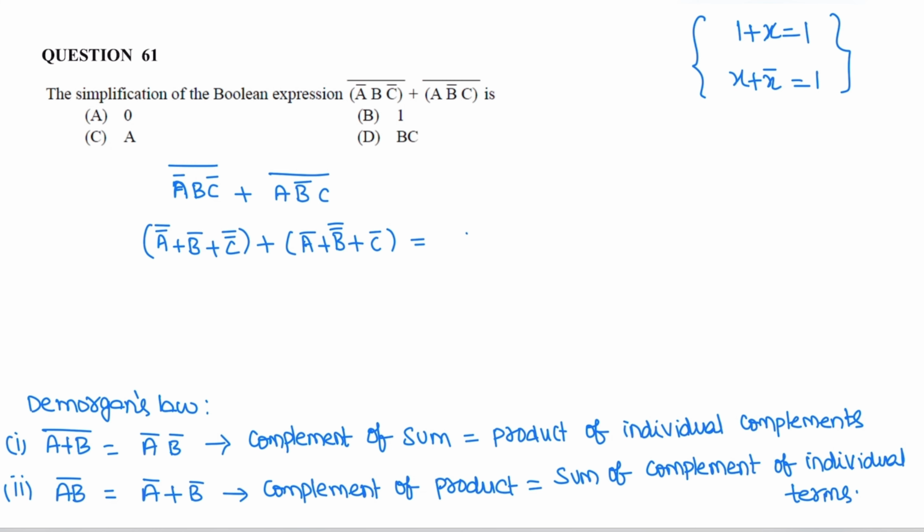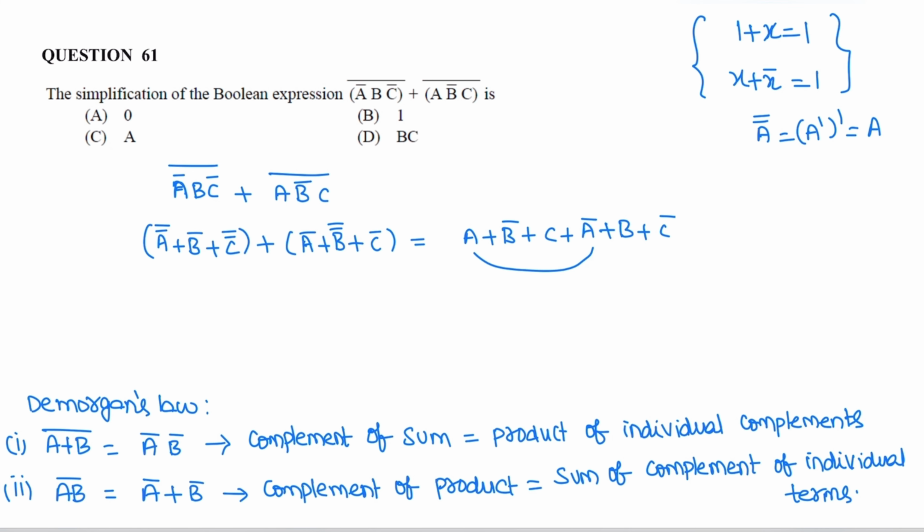So it will become a, because complementing the variable two times gives the variable itself, that is a + b' + c + a' + b + c'.